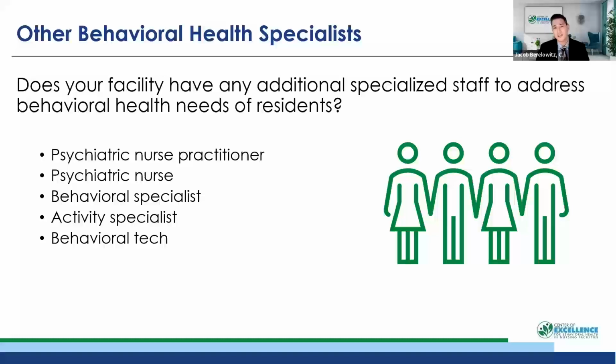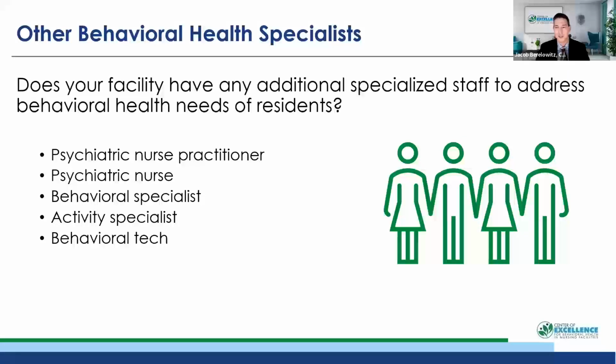Now, typically, the time when one of these other specialists would be appropriate is if you have a larger population that have behavioral health needs, right? It's not just one or two residents. Maybe you have a group of residents that have a particular type of need, and therefore you're able to support their needs by adding one of these team members. And keep in mind that we're not just talking about justifying an entire position, right?